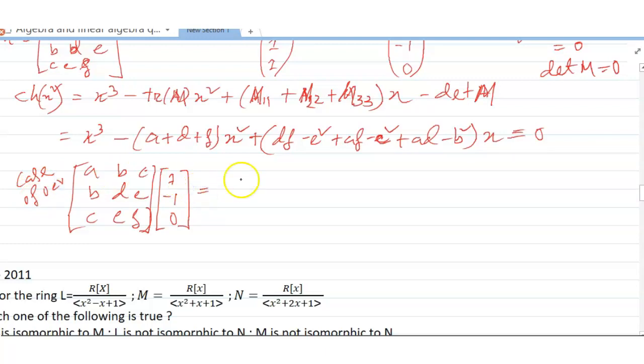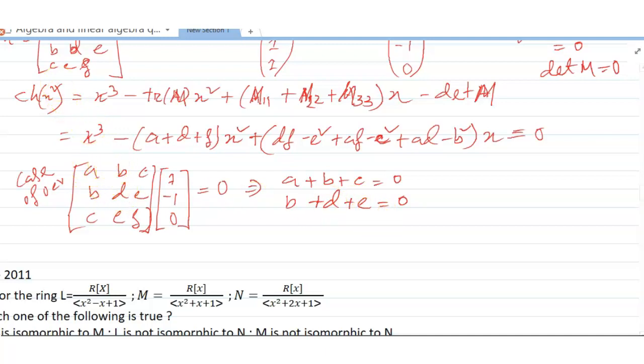Whatever I get, I get these two values from here.